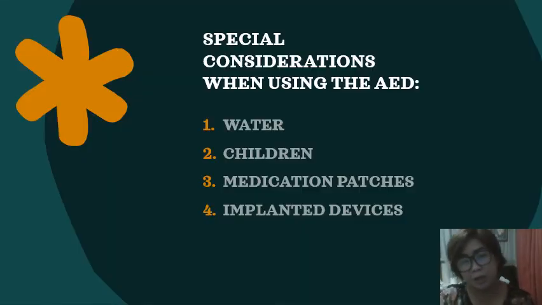Now, there are special considerations when using the AED. First is water. Is the patient lying on a water surface? Is it a child? Does the patient have a medication patch or implanted devices? These are the special considerations that you need to check.